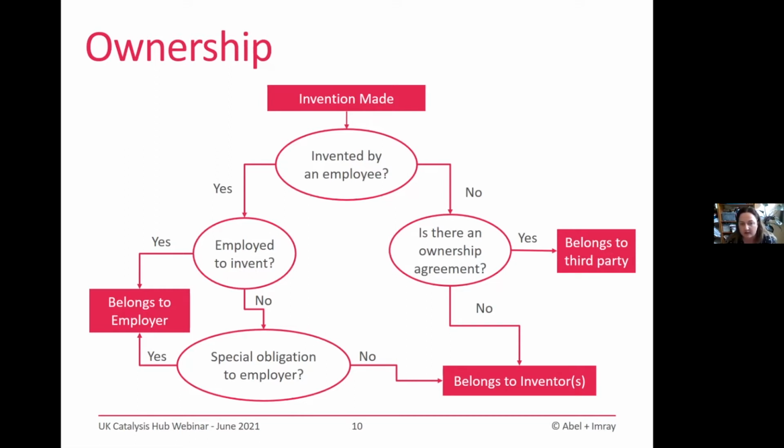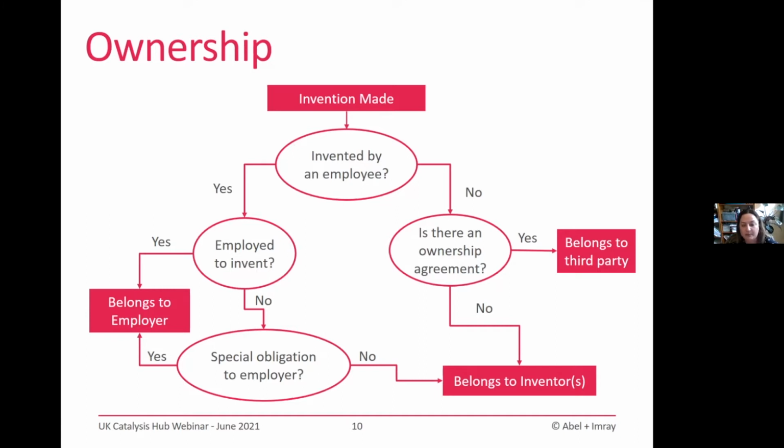The main exception to the inventor owning the invention is if they are employed at the time of devising the invention. If they came up with their invention as part of their normal course of duty, so as part of their job, and an invention might reasonably have been expected to arise, so the person is paid to invent, in that case, the invention will belong to the employer.